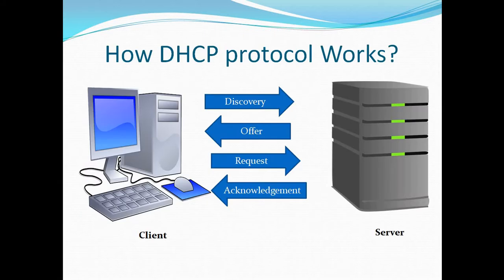DHCP works in 4 steps. The first is DHCP discovery, which is a request made by the client. A client broadcasts a DHCP discover message on the network, which informs the server that a client on a particular network is requesting to allocate an IP address.